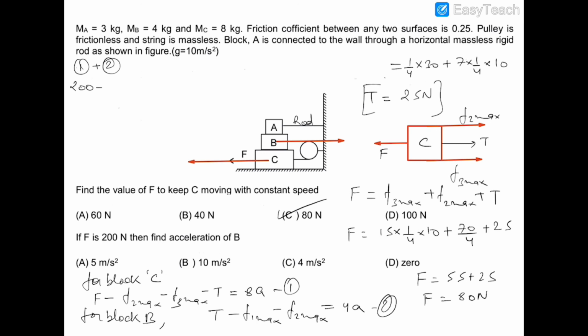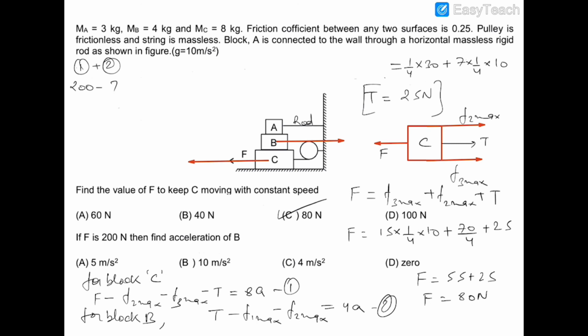So 200 minus F3 max minus 2 F2 max. F2 max is already equal to 70 by 4, so it would be 70 by 2, which is 35 newtons.